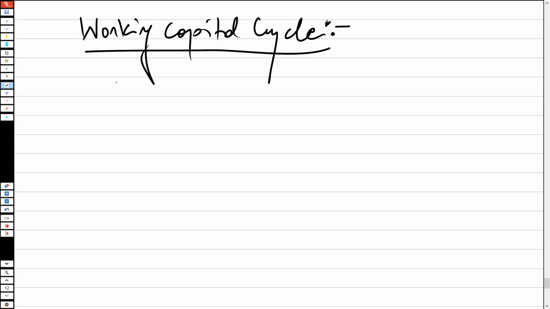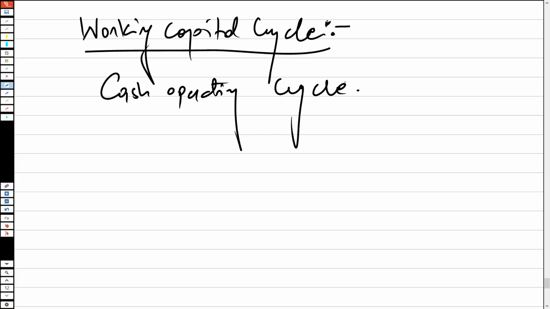There is another name for the working capital cycle and it is called cash operating cycle. How do we calculate this working capital or cash operating cycle? We calculate it like this.